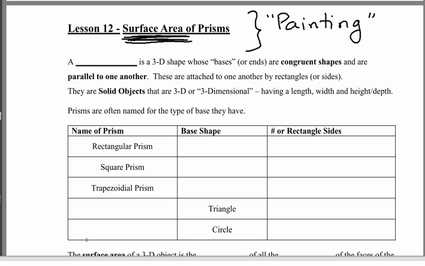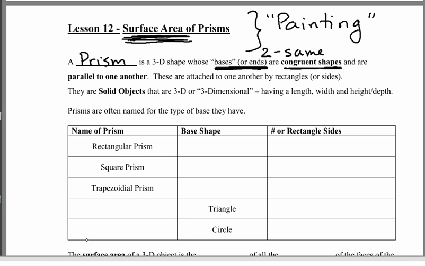So what we focus on are prisms. A prism is a 3D shape that has bases or ends that are congruent. So we have two ends that are exactly the same shape, and they're parallel to each other. And we'll take a look in a second.